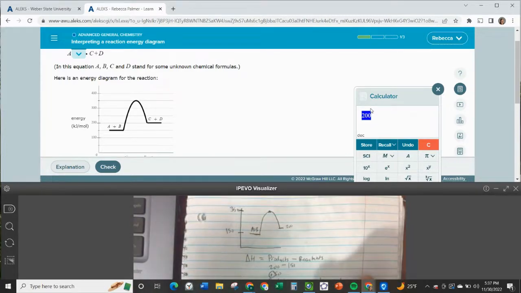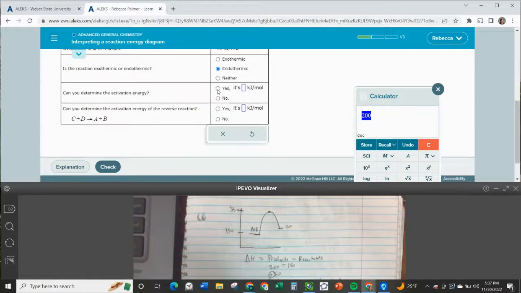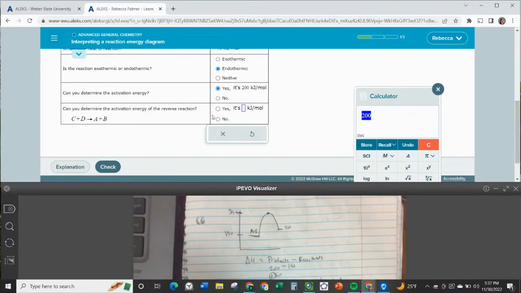Okay, it's 200. Excuse me. All right, so yes, we can figure out the activation energy. This is always going to be yes, unless you don't have numbers on your graph, which is not going to happen. So all of these are always going to be yes.